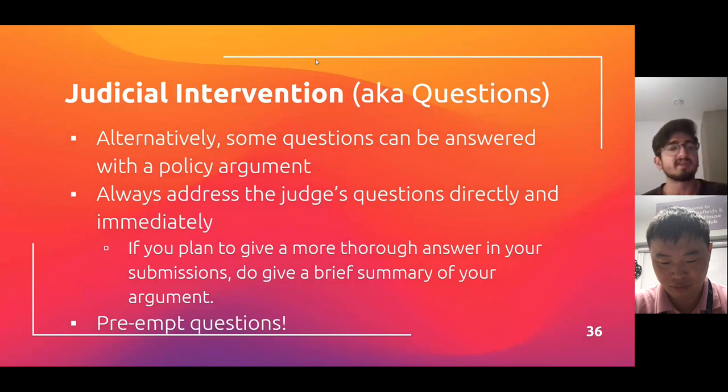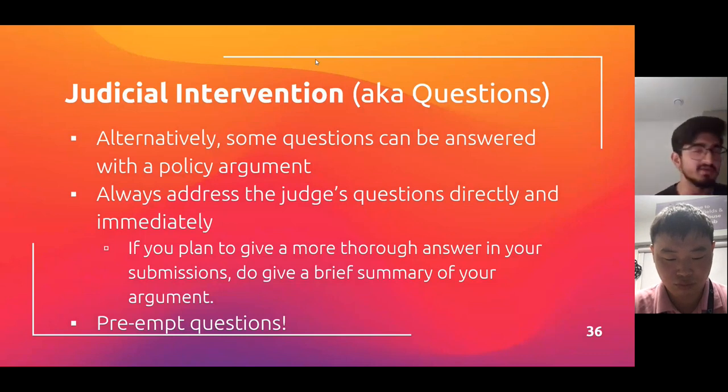Alternatively, some questions can be answered with a policy argument. As Harry mentioned before, it's always important to have a natural flow to your submissions. Say, for example, if you are asked a question when you're making an argument which is derived from an argument pertaining to principle, then you can respond to the judge by saying, we will be submitting a policy argument.